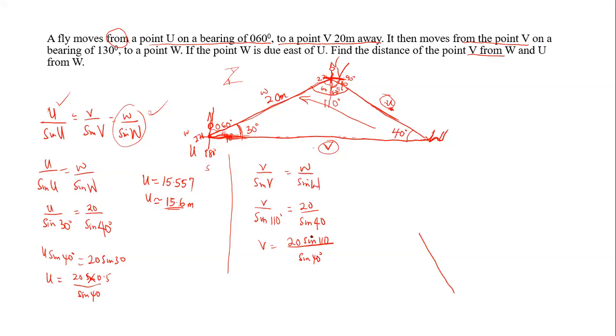So that was giving us 29.238. So V equals 29.238. So approximately, we may say that V equals to 29.2 meters.